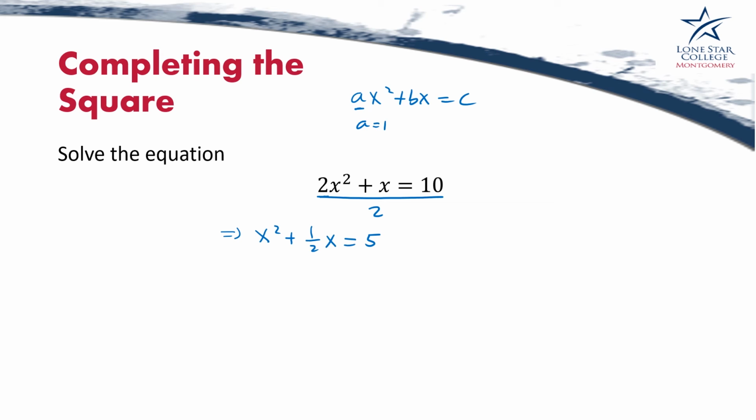So again, we want to identify what our b term is. Our b term in this case is 1/2. So we take 1/2, divide it by 2, and then square it. 1/2 divided by 2 is like saying 1/2 and you flip the 2 as another 1/2. 1/2 times 1/2 gives you 1/4, and if you square it, you square top and bottom, you get 1/16.